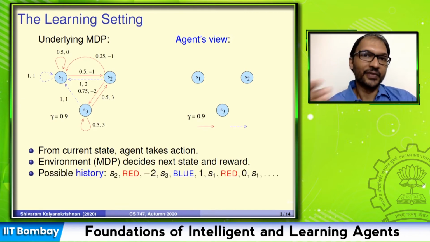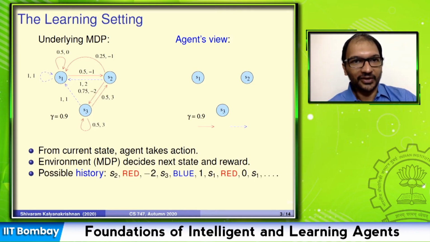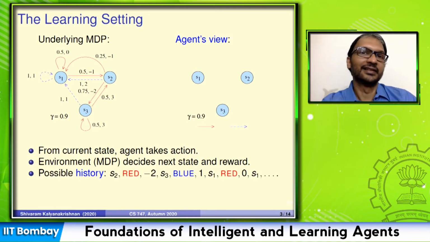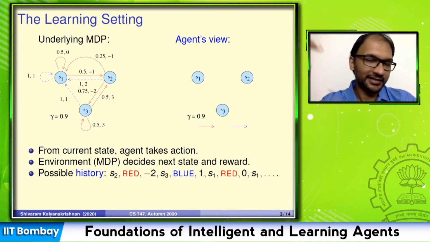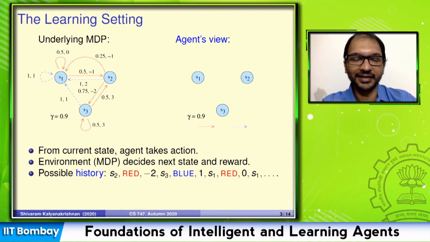As the agent goes along, it is going to gather a trajectory, a sequence of experience. So, for example, on this illustrative MDP, one possible history can unfold. We call it history when we're looking back at it. Going forward, maybe you want to think of it as a sequence of interaction or a trajectory.